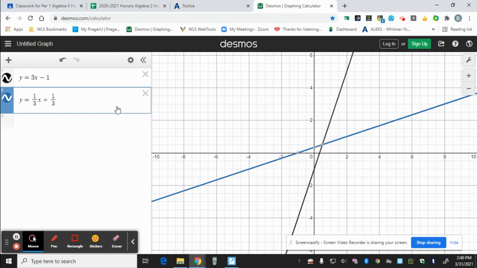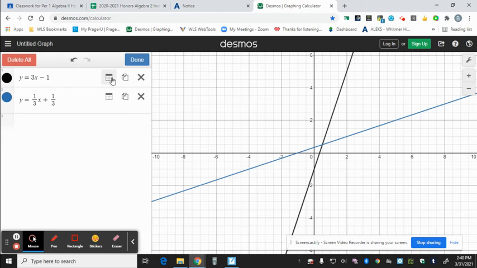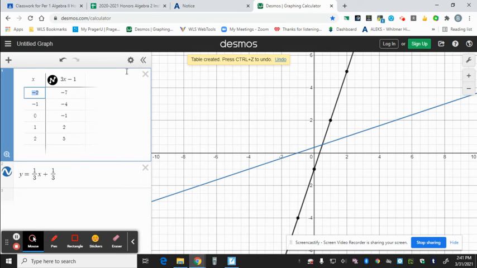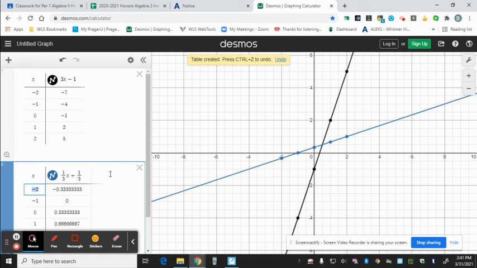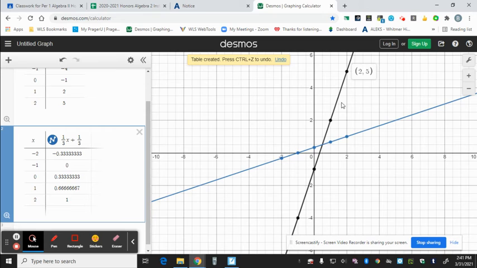Now, let me see if I can change both of these into tables. All right, now by doing so, I have highlighted some points on this graph.